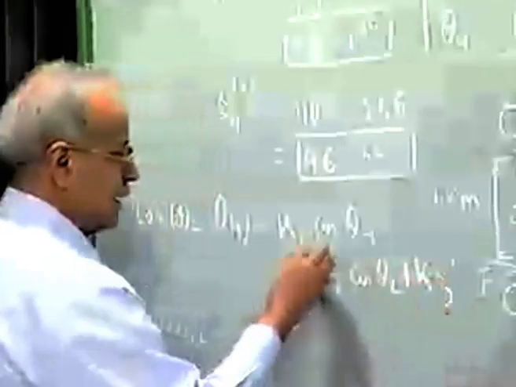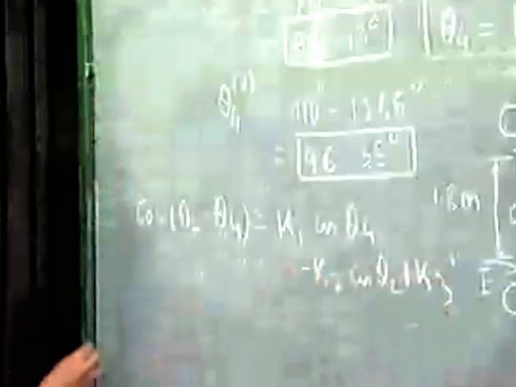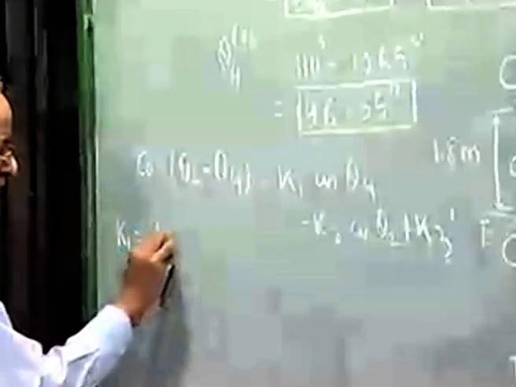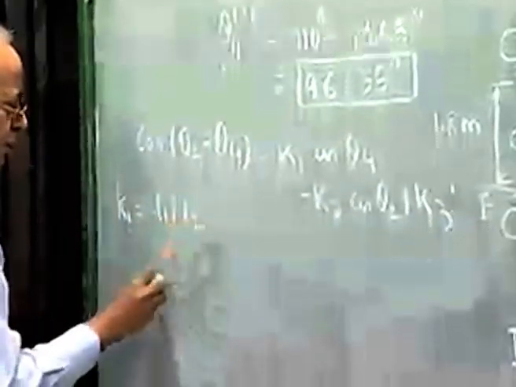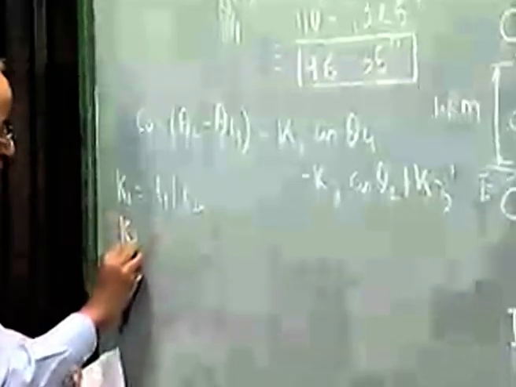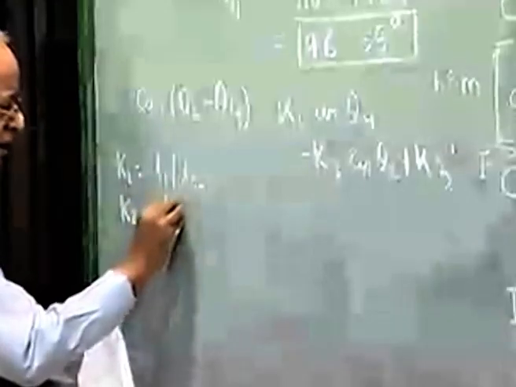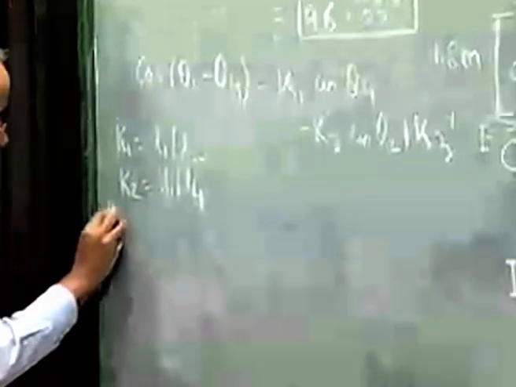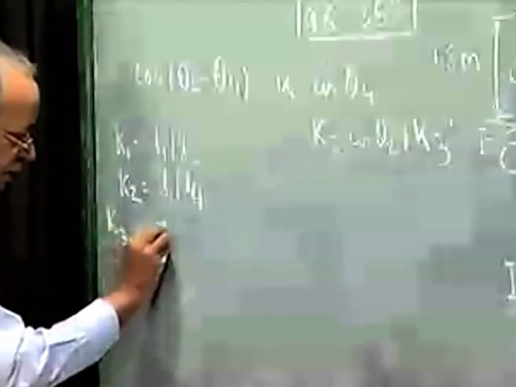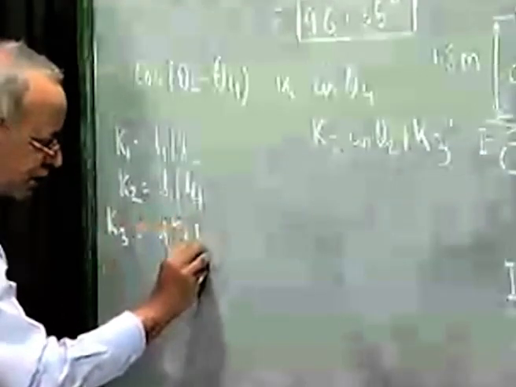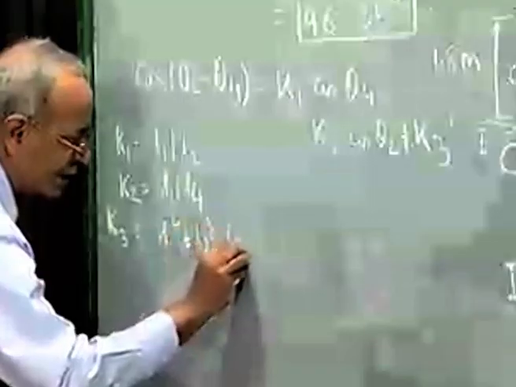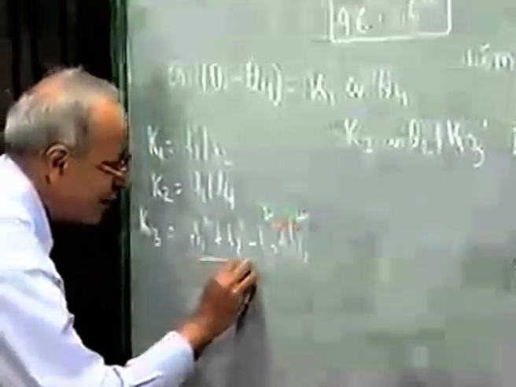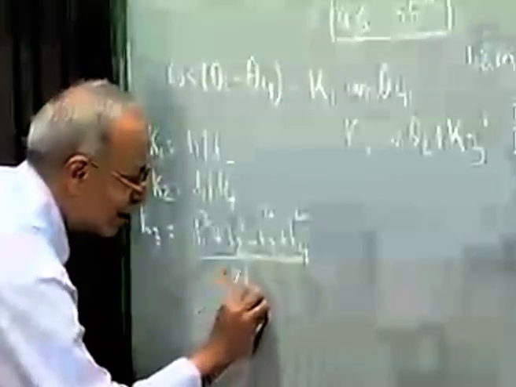Where K1, K2, K3 are the three design parameters, where K1 is L1 by L2, K2 is L1 by L4, and K3 is L1 squared plus L2 squared minus L3 squared plus L4 squared divided by twice L2 L4.